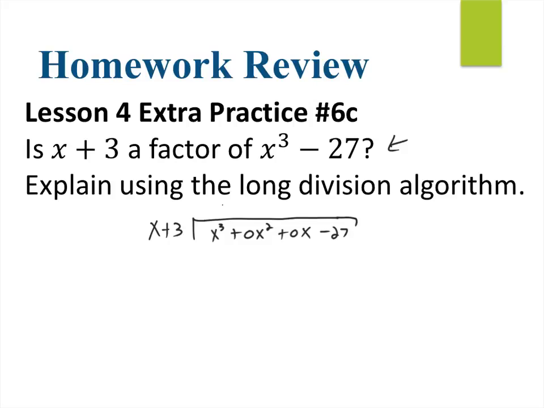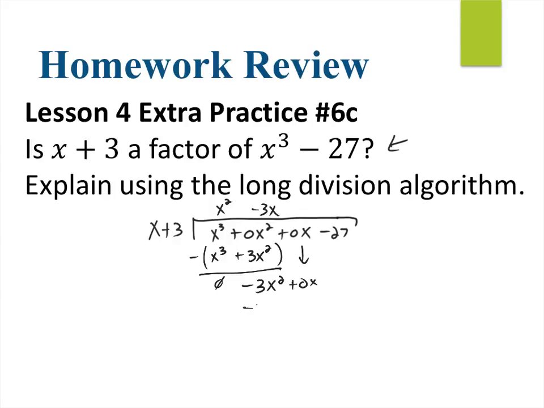values in there. So x squared makes it x cubed, and 3x squared. So we've got 0 and negative 3x squared. Bring down the 0x. So something times x is negative 3x squared. So negative 3x.